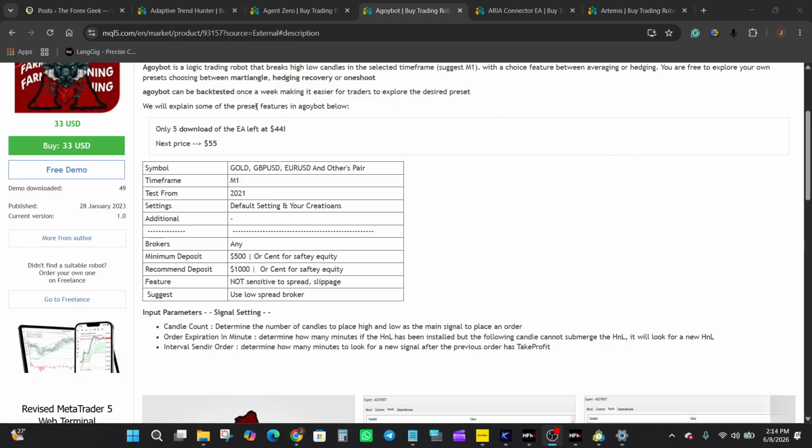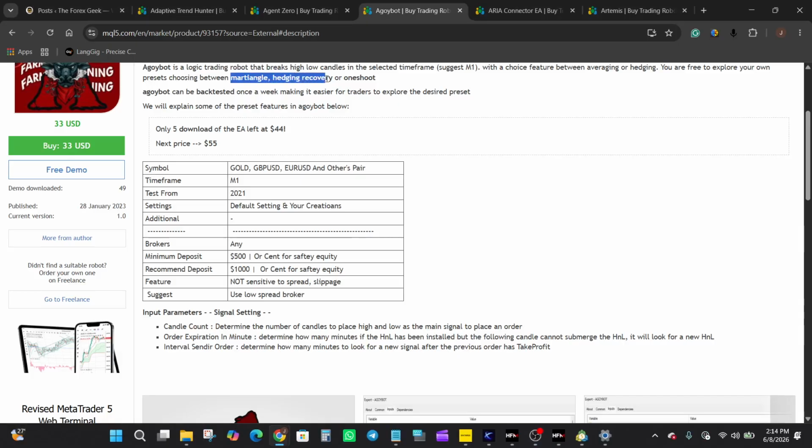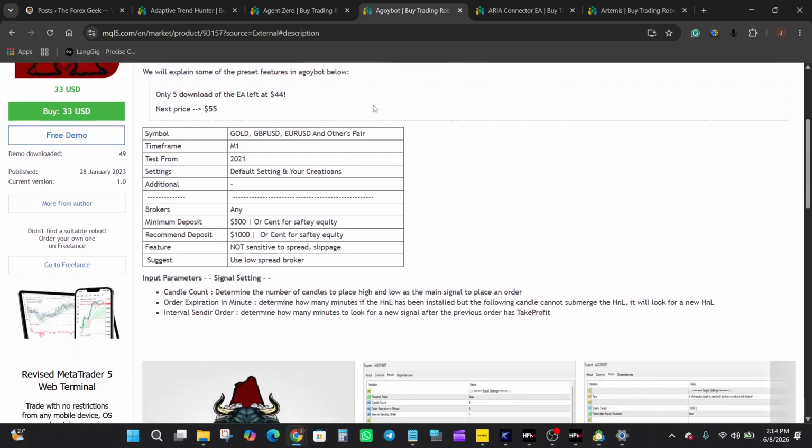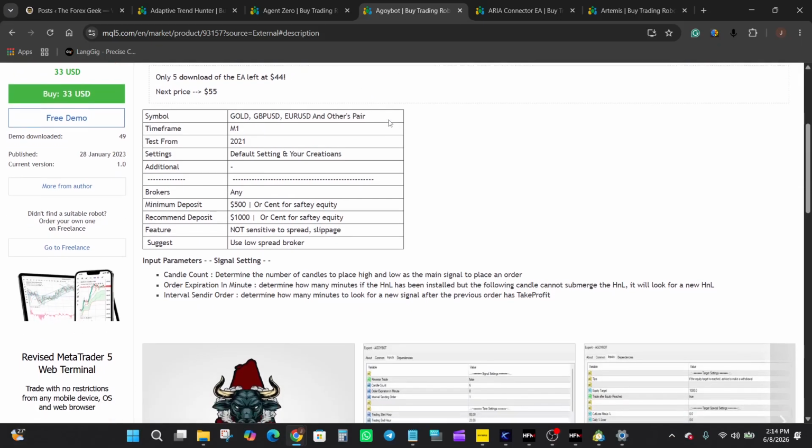It also mentions that users are free to explore different presets, including martingale, hedging recovery, or one-shot style approach. So instead of a fixed strategy, it seems more like a system where behavior depends heavily on the presets you choose.